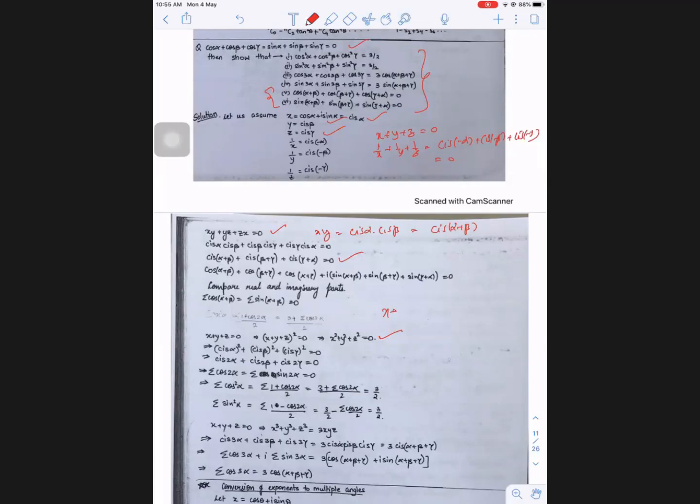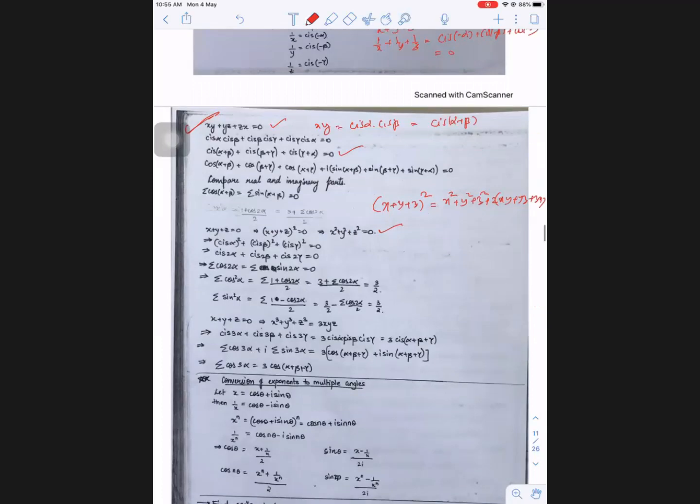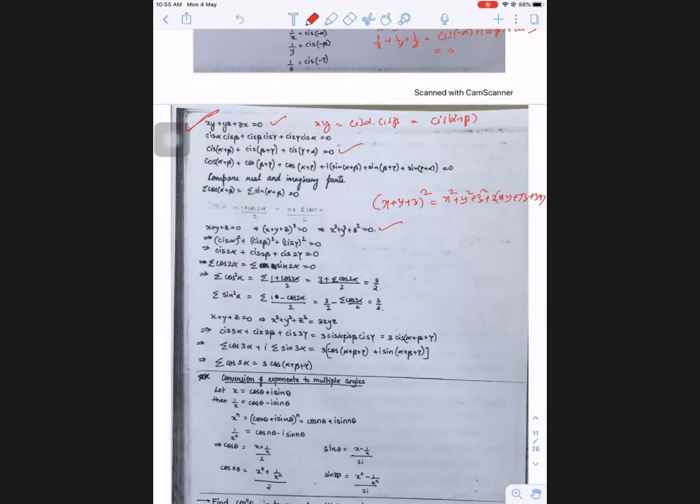That is exactly the same as x square plus y square plus z square plus 2(xy plus yz plus zx). And already we have xy plus yz plus zx is 0. So x square plus y square plus z square is also 0 here.